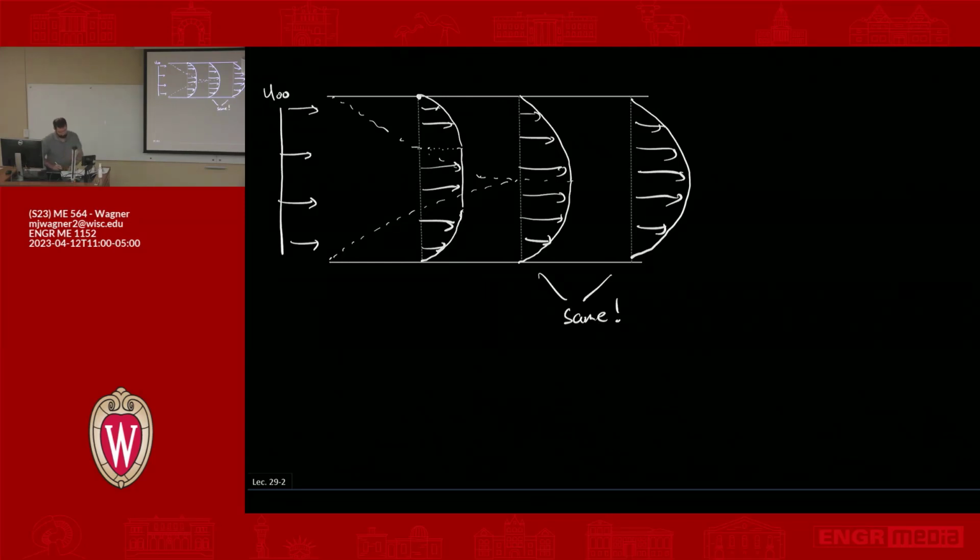So let's give some labels here. This is our momentum boundary layer thickness, delta M, for x is less than x fd comma h.